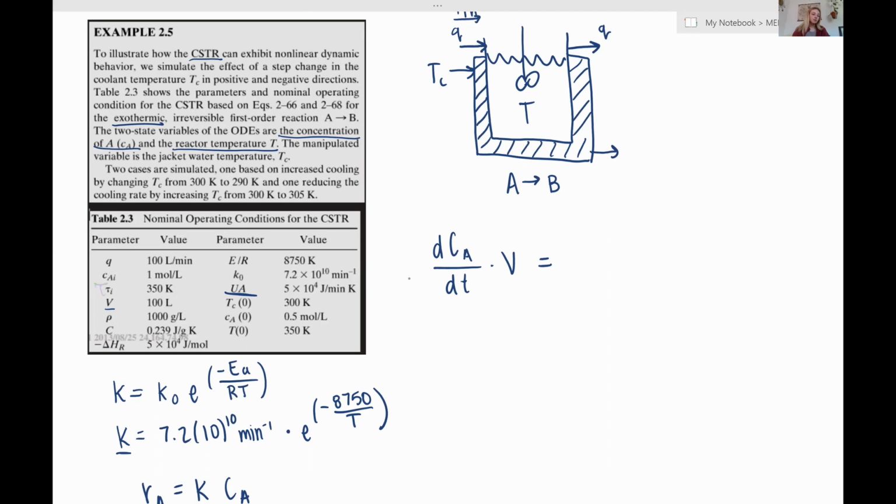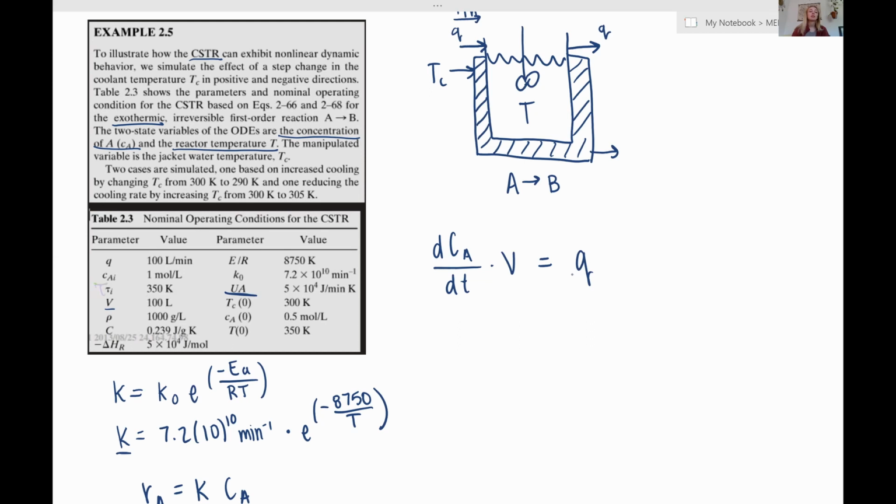We're given a flow rate of Q equals 100 liters per minute. And again, we're going to want some units of mass over time. So if that's liters per minute, we want it to be some mass over minutes.